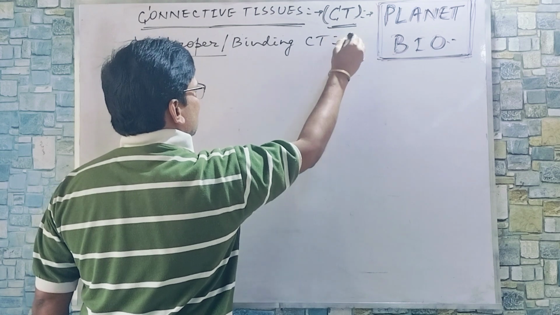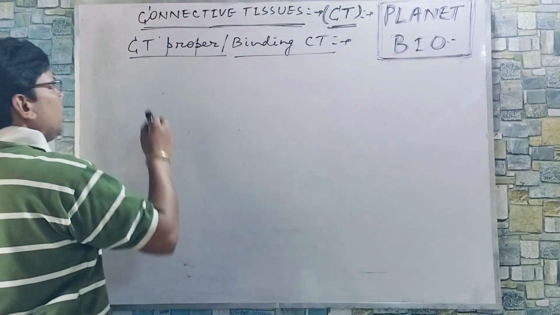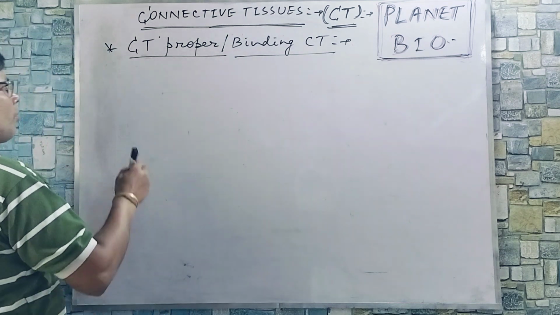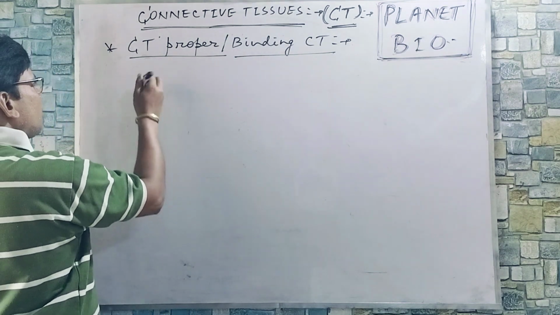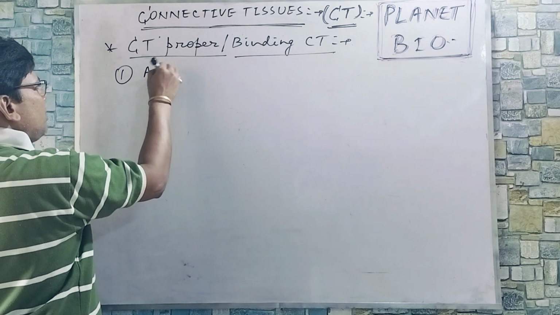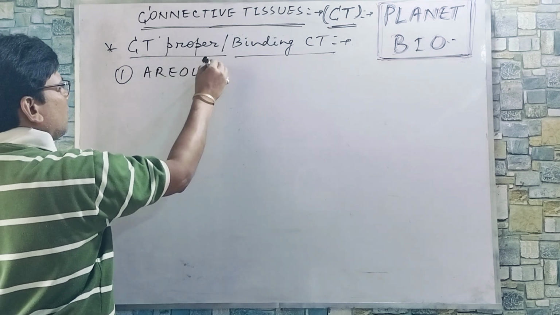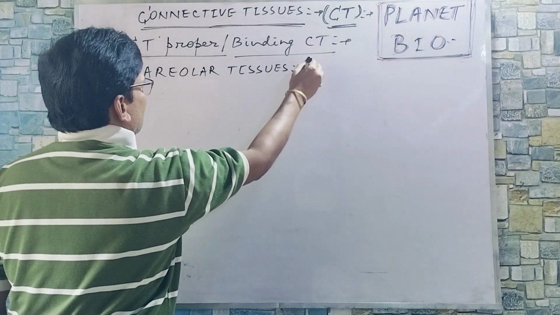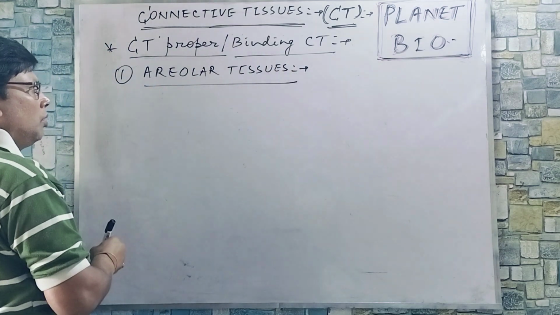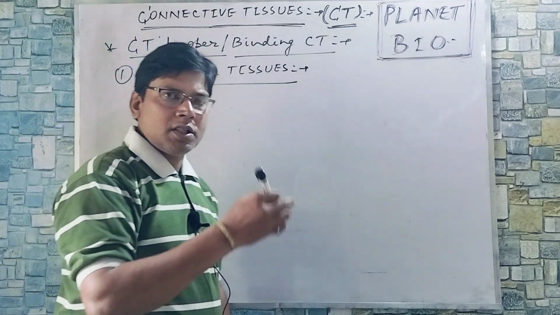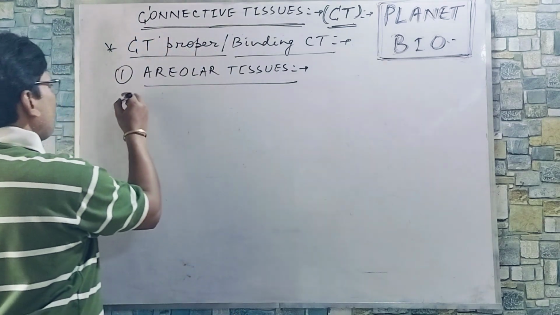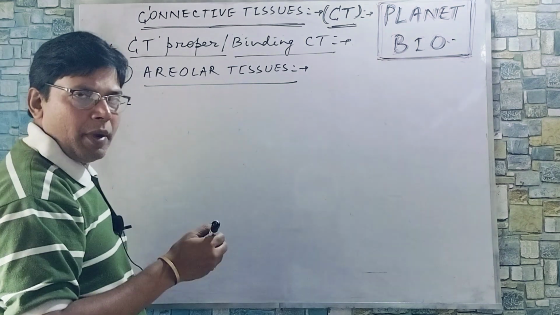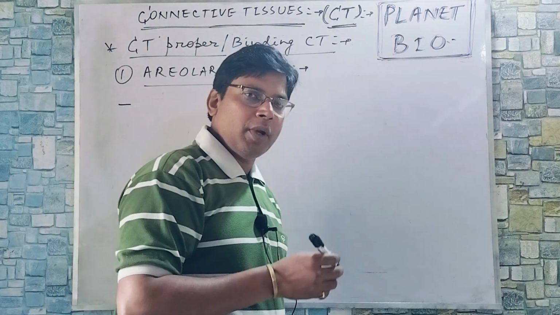Now we have to study connective tissue proper or binding connective tissue. Its first type is areolar tissue, and this is the most widely distributed connective tissue. It has macrophages, fibroblasts, mast cells.